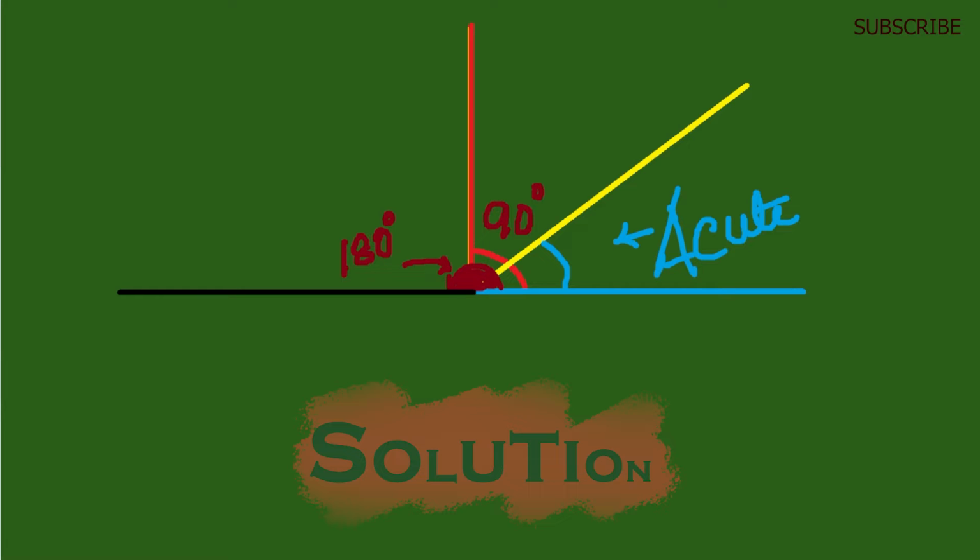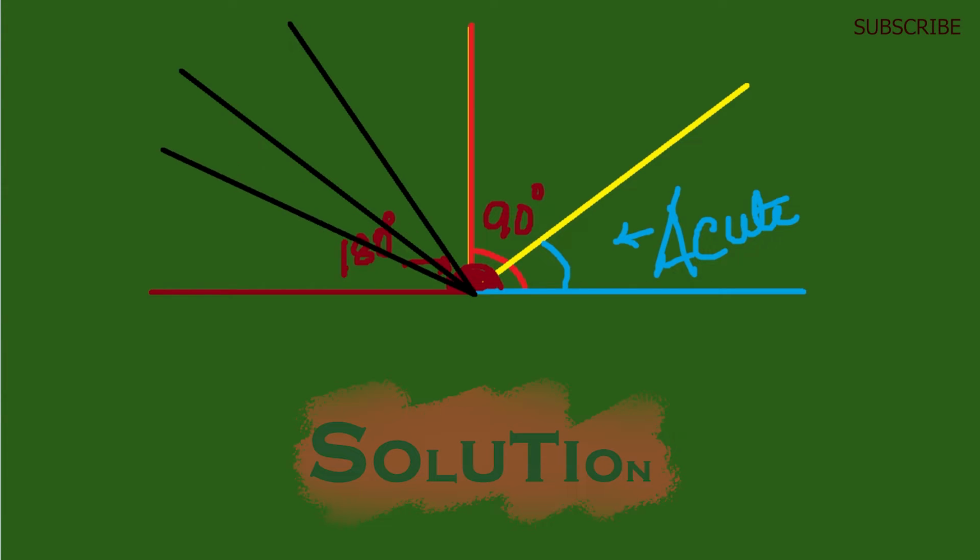Now in case the line is in between 90 and 180, somewhere here, suppose this is the line. Let me draw another line. These lines are more than 90 but less than 180. So these lines are also making some angle.